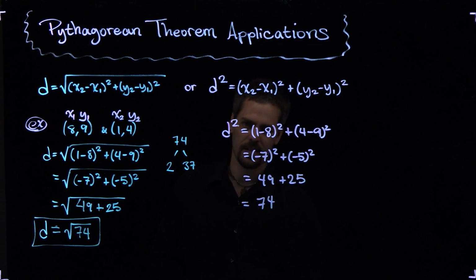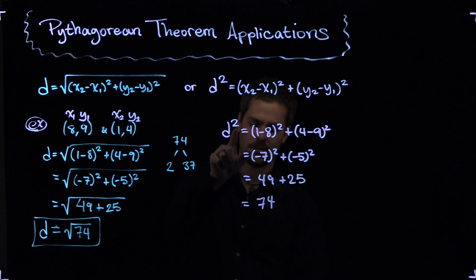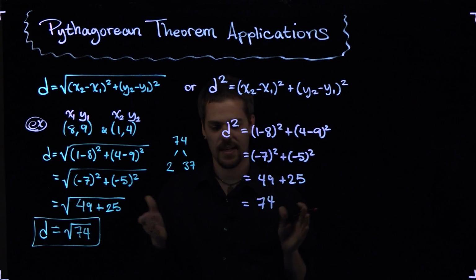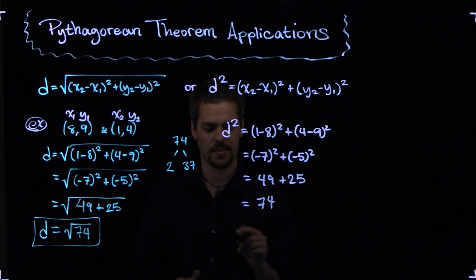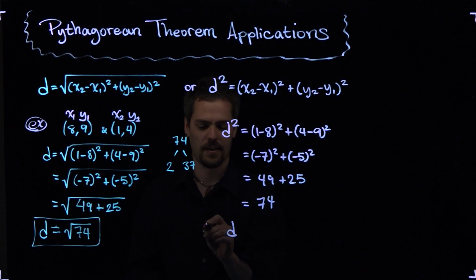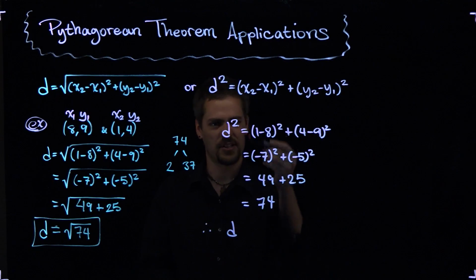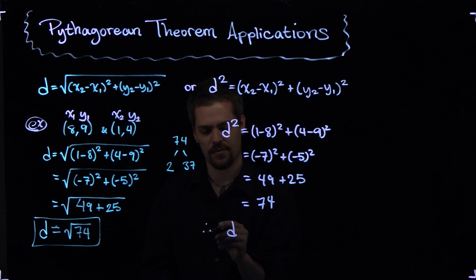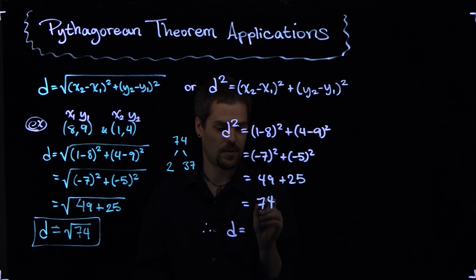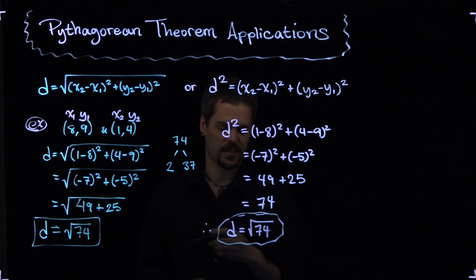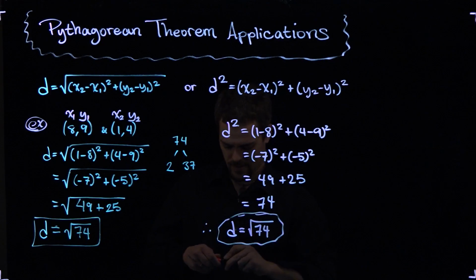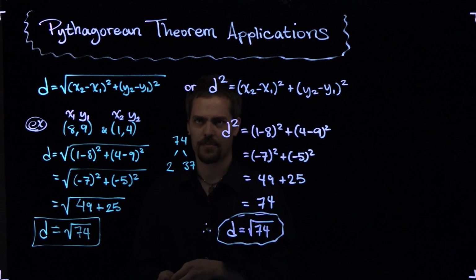Then in the end, to get d by itself, I take a square root of both sides. I don't need a plus and a minus because we're talking about distance. I only need the positive value. And this is how I would finish using this equation. I would simply say, therefore, d is equal to the root of that thing that I ended up with there. So just a different way to do it that you might like a little bit better.